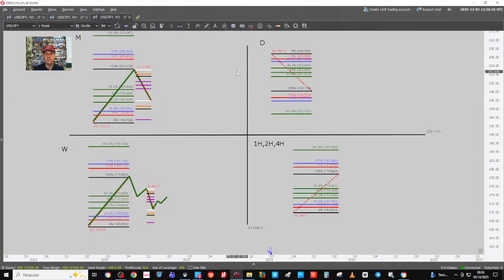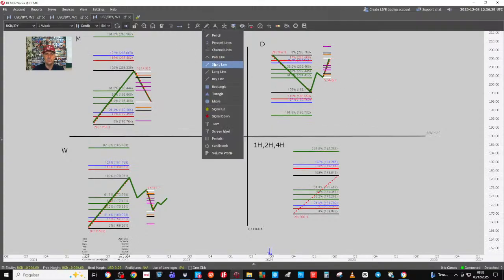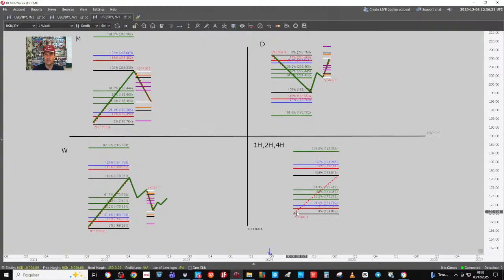Now on the daily we're going to have the contrarian Fibonacci like this. And on the 1 hour, 2 hour, 4 hour chart, of course, we're going to have something like this, right, everybody? The contrarian, maybe a little bit bigger.